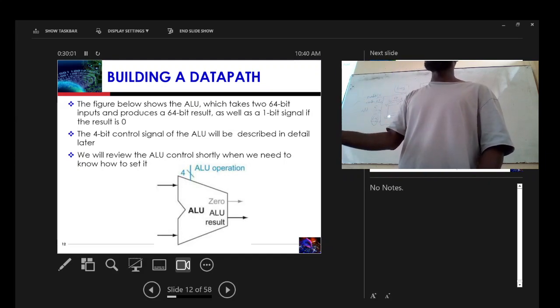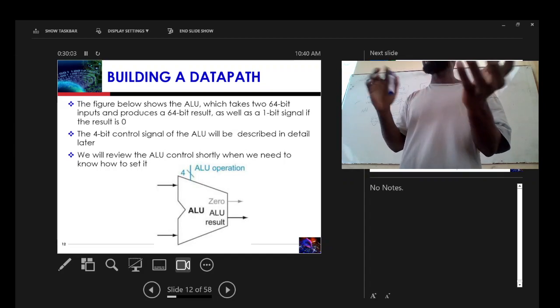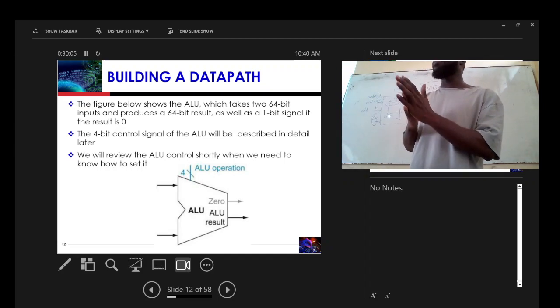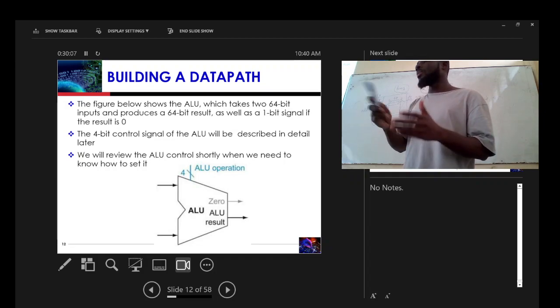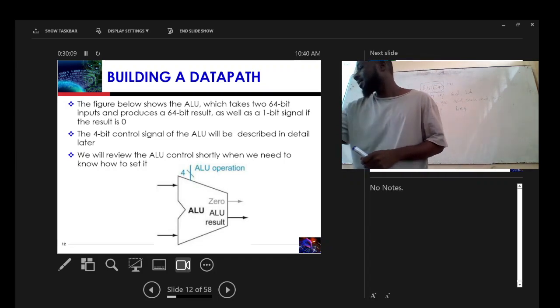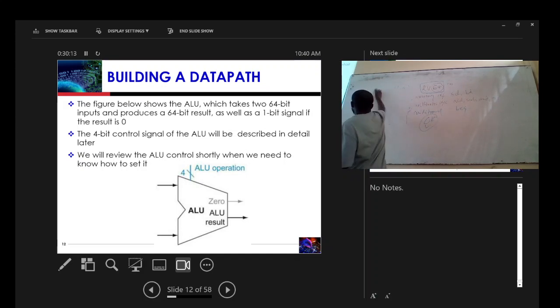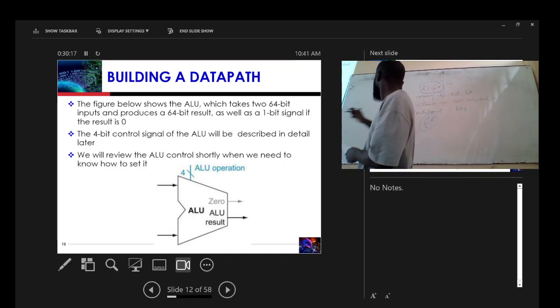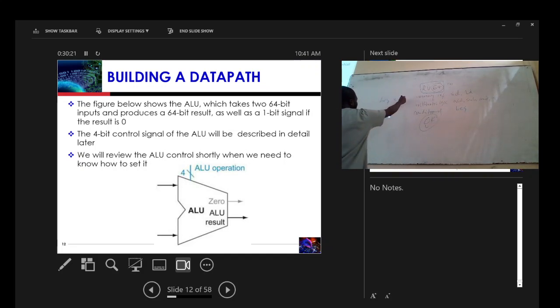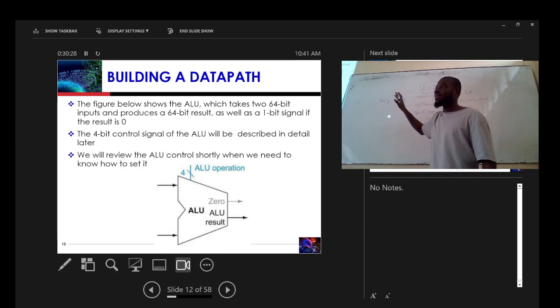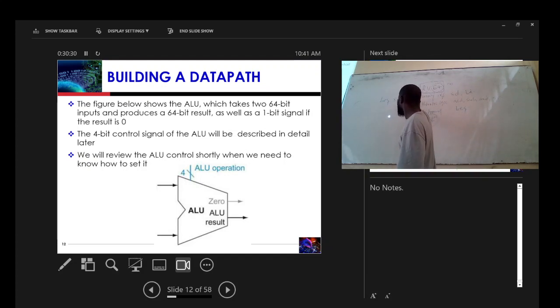The BEQ is like some kind of if-else statement. It will compare the contents of two registers. So it's BEQ x1, x2, and then some constant, let's say 10.